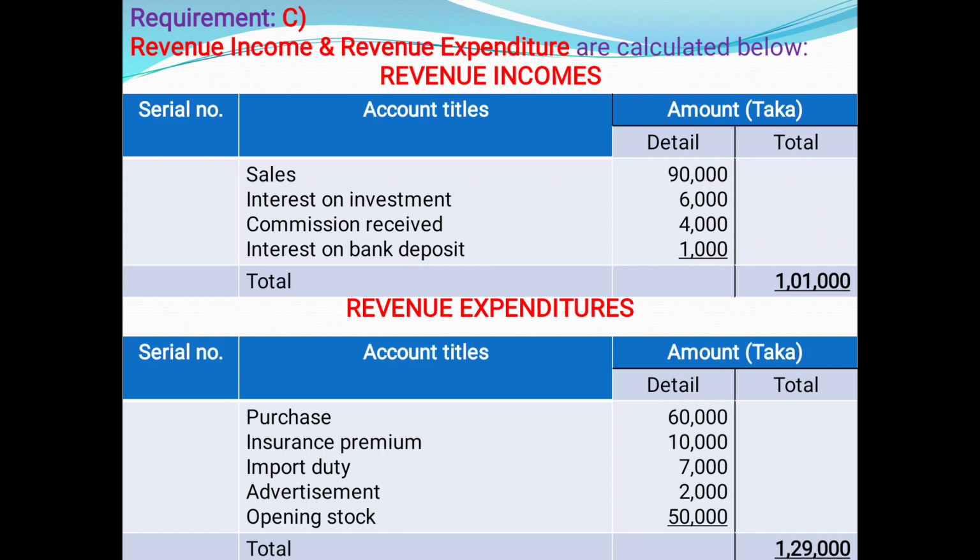Total amount of revenue expenditure is taka 1,29,000. In this system, totally 5 items of revenue expenditure, that is expenses, are available, and the total expenditure is taka 1,29,000.